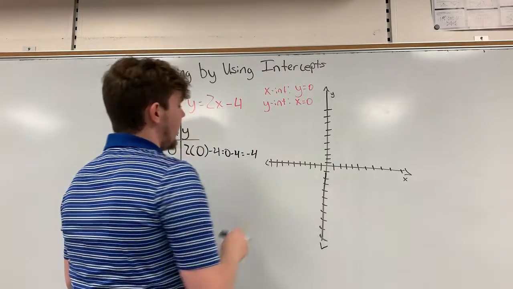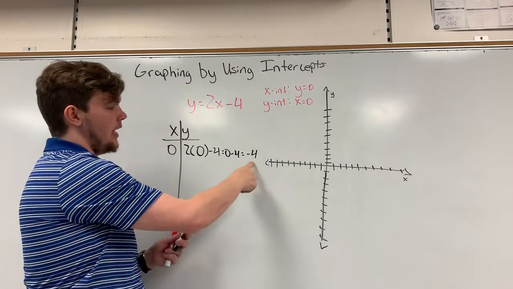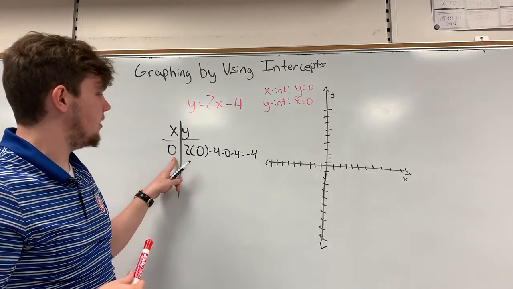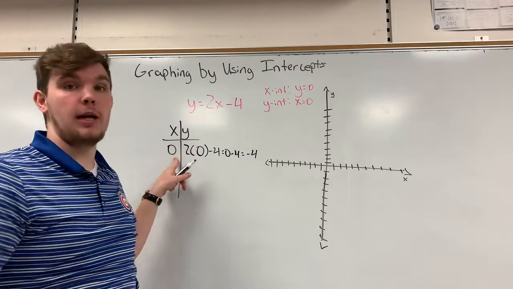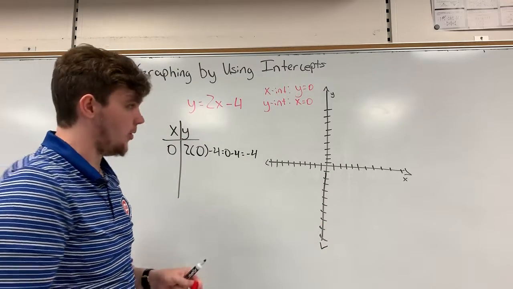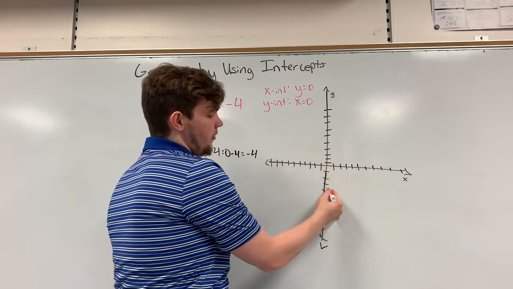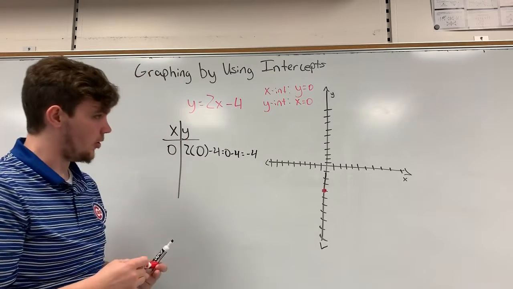So that is my first point, (0, -4), because I substituted in 0 for my x. That was my input, and my output, what I resulted in, was negative 4. So I don't go left or right at all, but I do go down 4 for my first point.